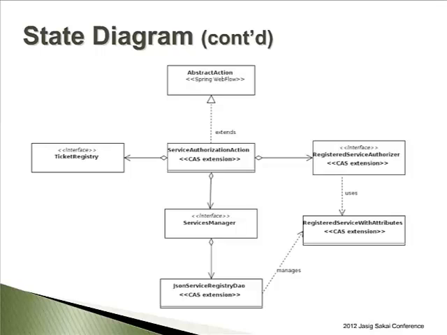And the service authorization action basically leverages the standard CAS API. Just finishing off this diagram, at the bottom you see the JSON services registry, and that's where I'm going to show you that we augmented CAS to be able to manage some of this authorization configuration.